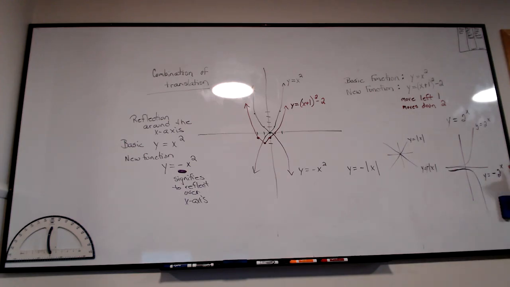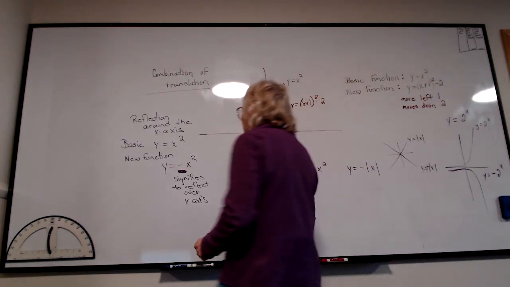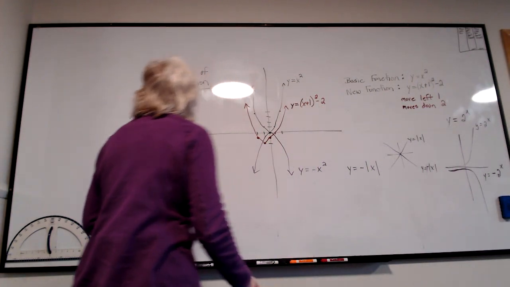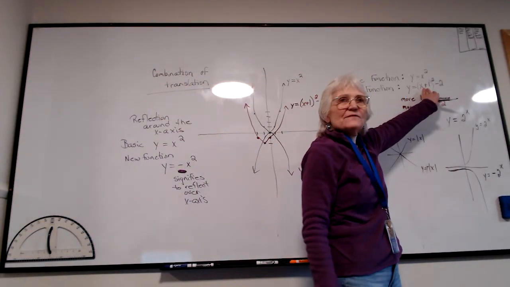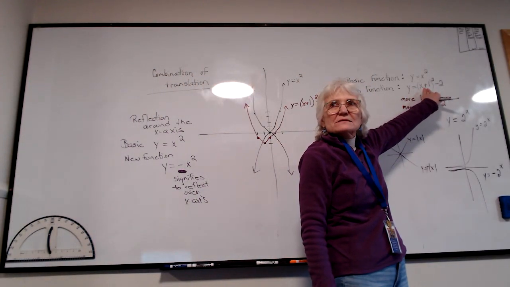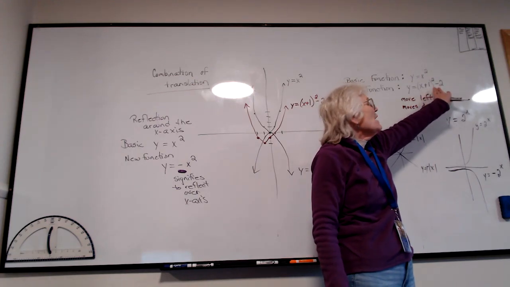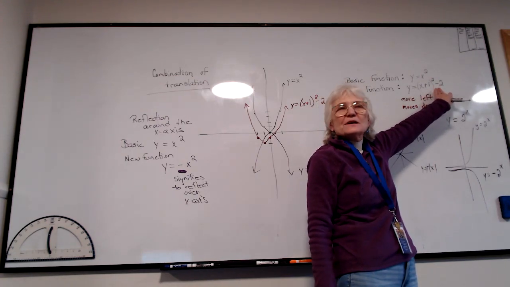Okay. If you're putting something in this function to move it, let me just show you that for a minute, because I think it's important. So, what we know is a number inside the function moves it left or right. A number outside the function added to it moves it up or down.